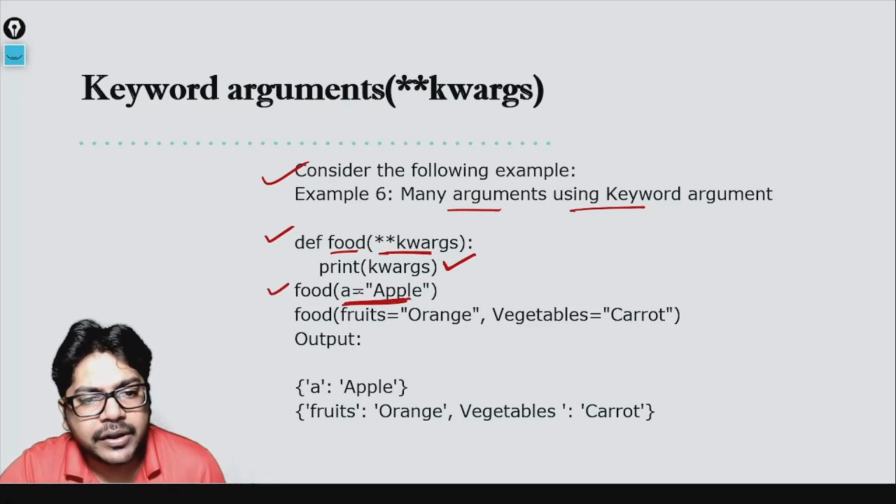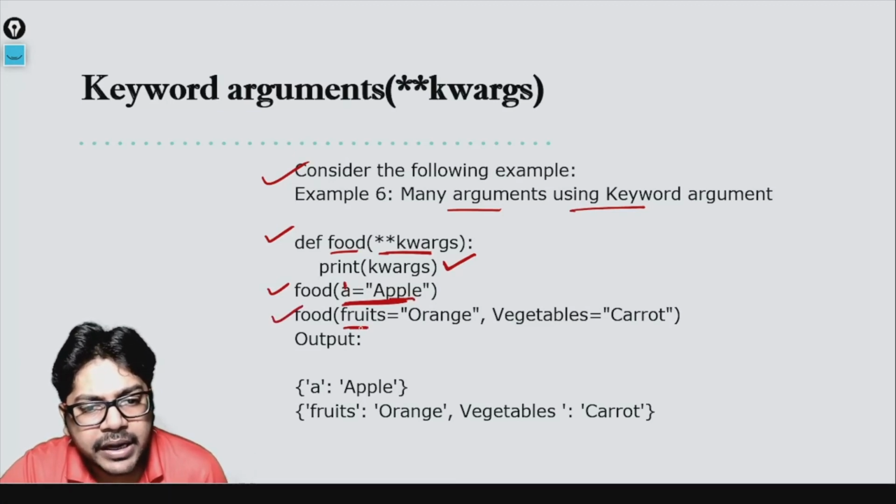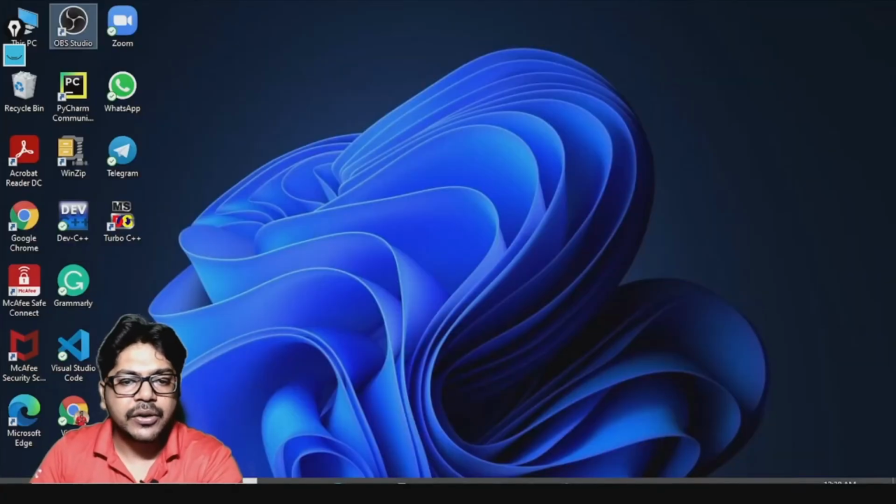So here the keyword is A, and the value is apple. The second time when I am calling it, I am writing fruit equal to orange, vegetable equal to carrot. So now fruit is the keyword, orange is the value, vegetable is the keyword, carrot is the value. When the function is being called and printing, you see it is coming in the form of a dictionary, key and value. And like that you can have many things.